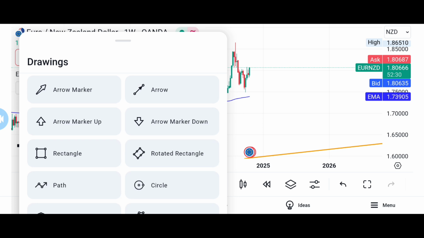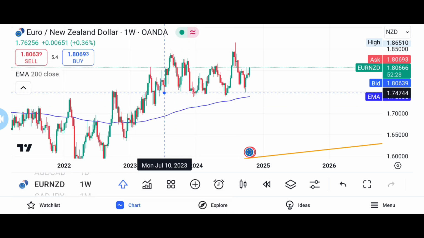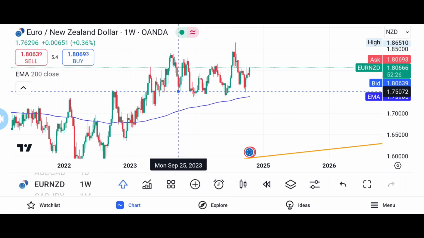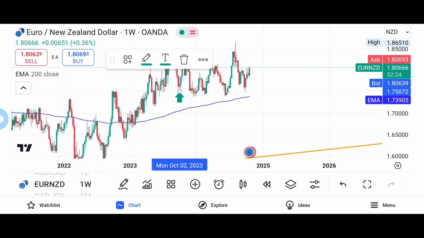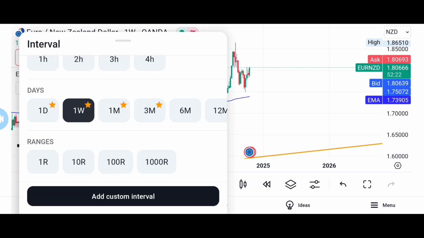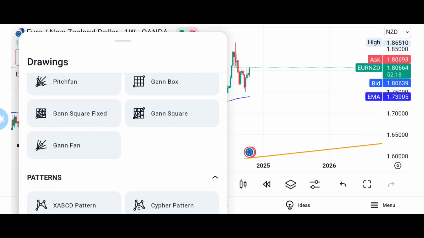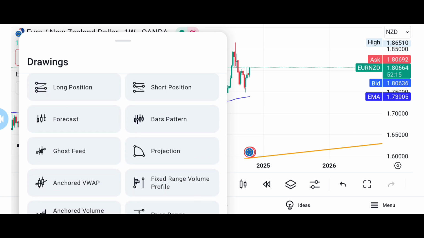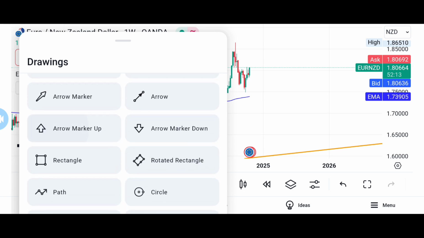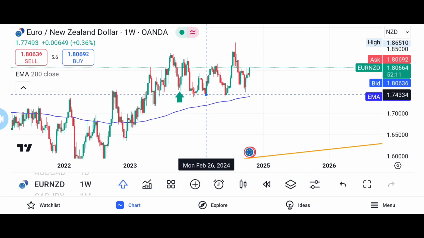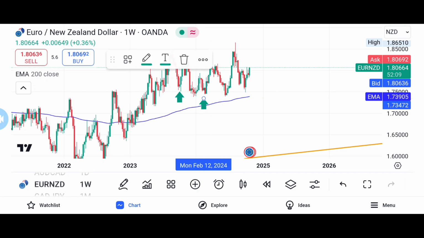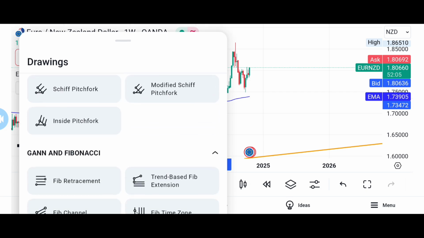So let me show you. When the price action came back, it moved higher there, and then the same way to here. These are the supports. This is what I'm calling support, and so on and so forth.